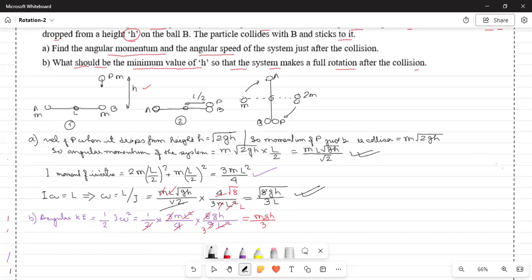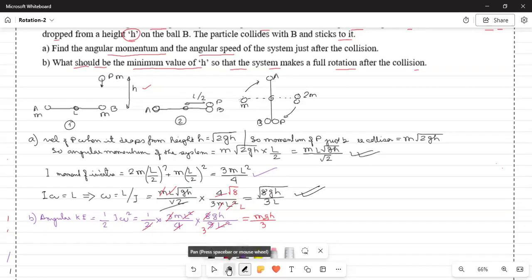If you have a small pencil and one end is heavier, if you leave the pencil to rotate, obviously the heavier part will come down. For this, it does not need any kinetic energy. It drops here just because of its potential energy or due to gravitation, right? So this is the catch of this particular problem.